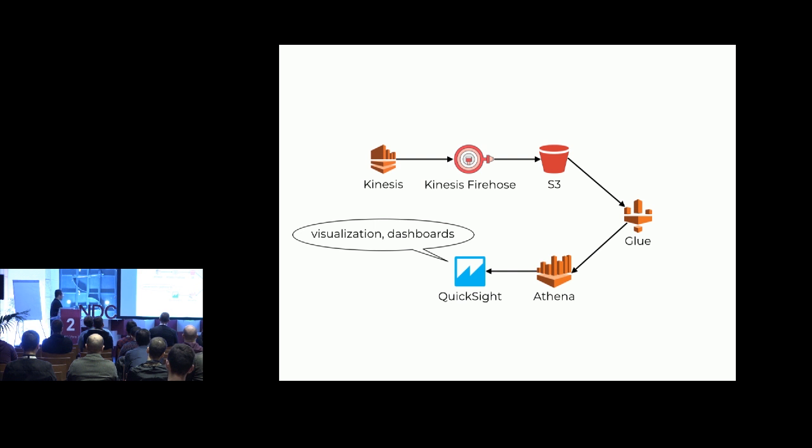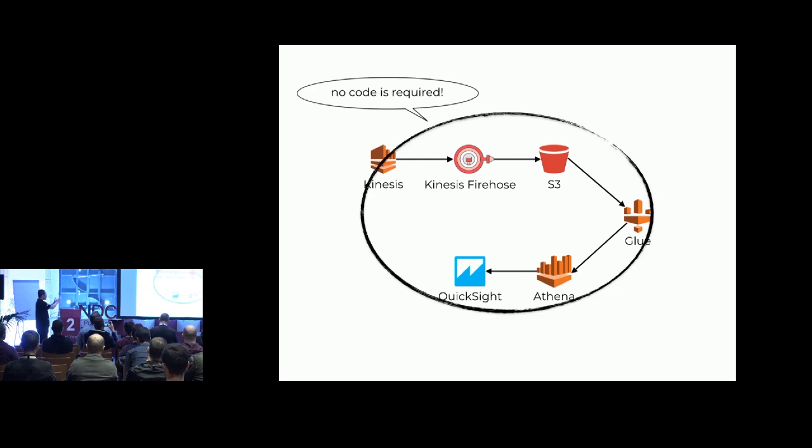With Athena, you can then also hook up the results of your queries to QuickSight, which allows you to create dashboards and visualizations to very quickly see those query results. And QuickSight is also pay-per-use. The nice thing about this whole thing is that I don't have to write any business logic myself. All it is is a few resources in AWS that I can provision with Terraform, CloudFormation, whatever I decide to use.